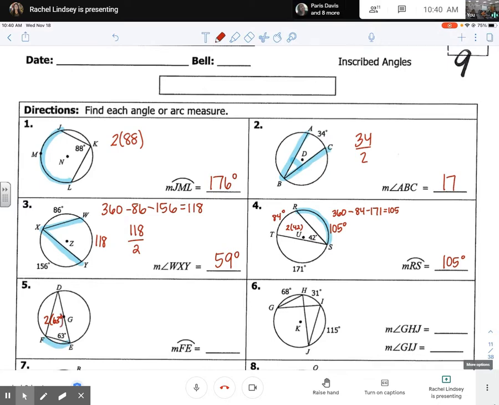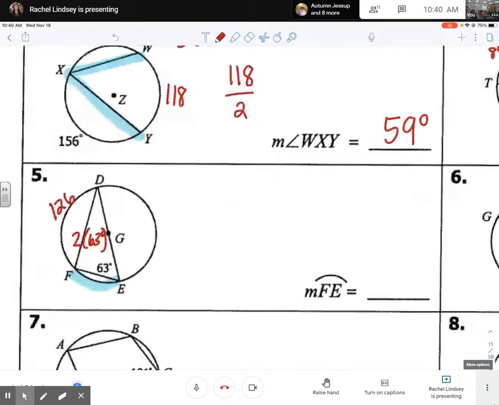So 2 times 63 is 126. And then to find FE, 180 minus 126 gives you 54. I did 180 minus 126 because it's a diameter.